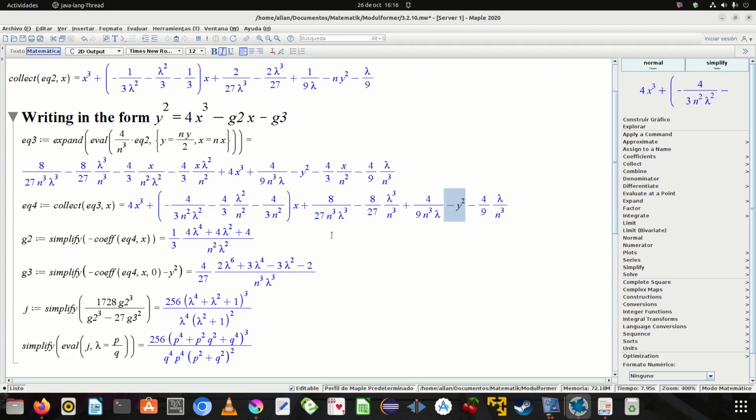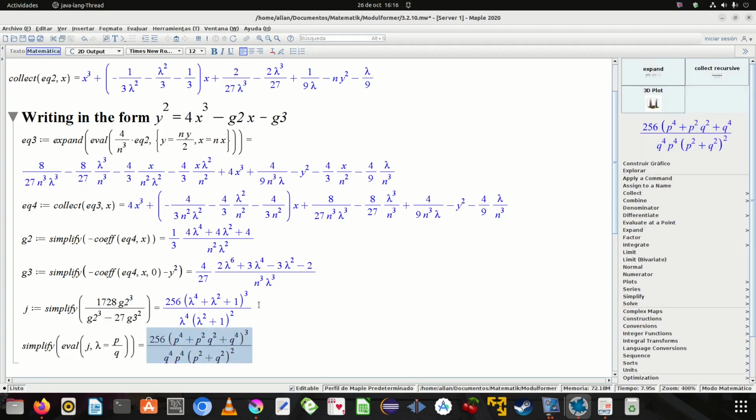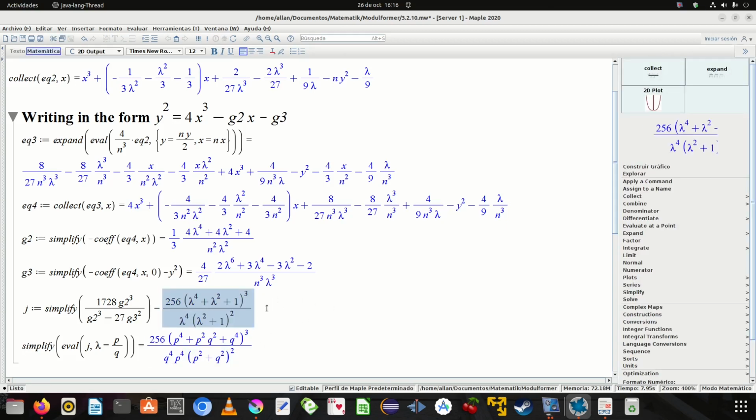Of course y squared needs to be taken out of that. So it has the right form, so we can read out g2 and g3, insert it in the formula, and then we get this expression that we shall prove, if lambda is rational, will have no integer values.